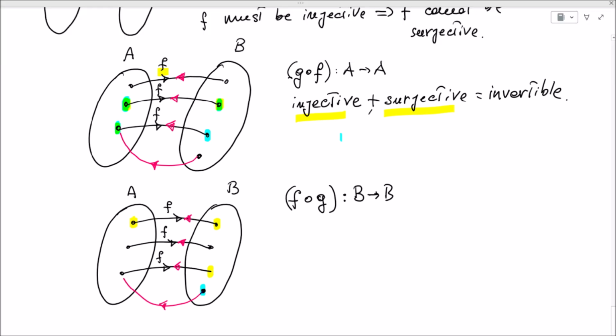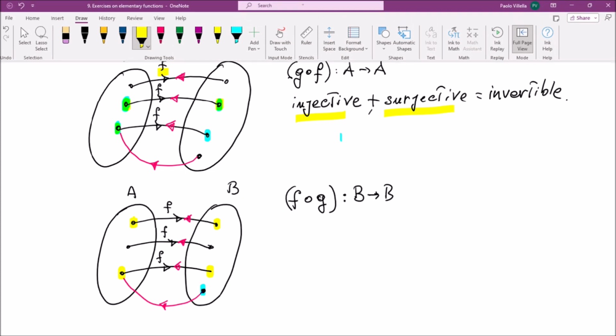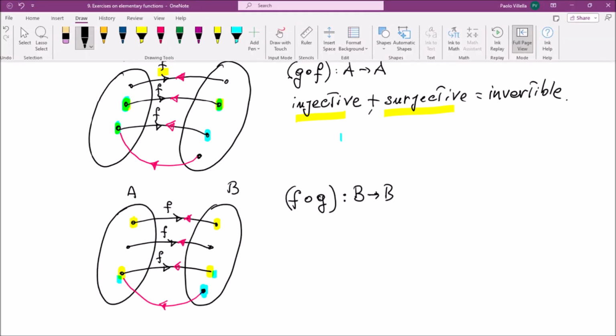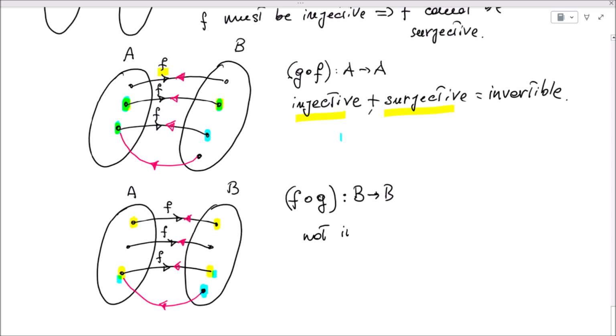If we start with this element, we apply g one time, we go back to this point, and then applying f, we come back to the original point in B. Let's see what happens now if we pick a different element, this element here. Well, applying g, we end up in this element, but now applying f, we go to a different element. So this function is not injective.